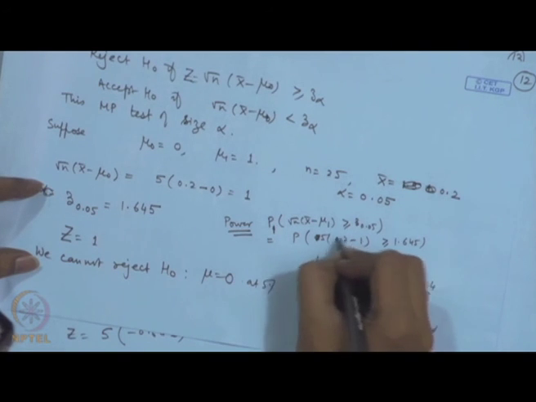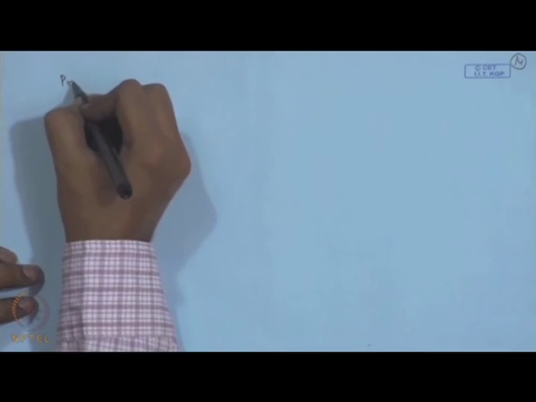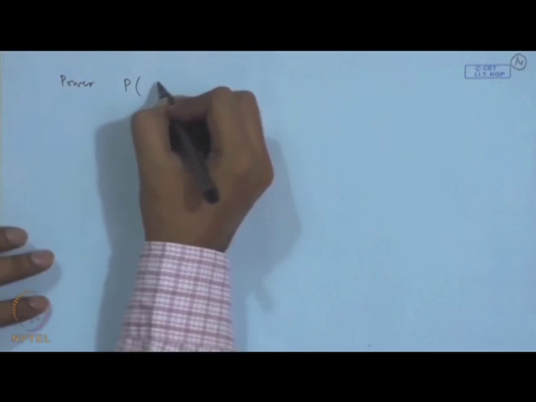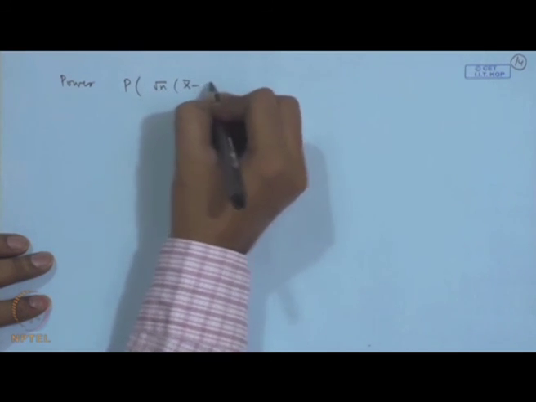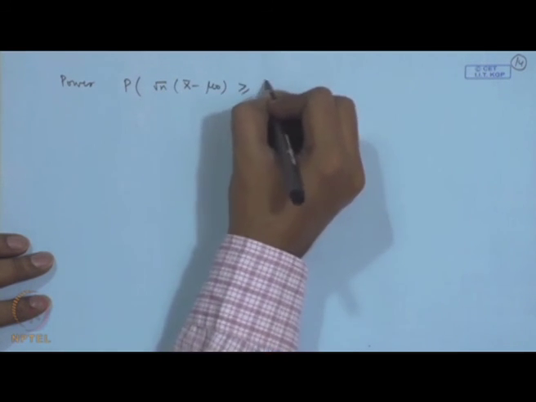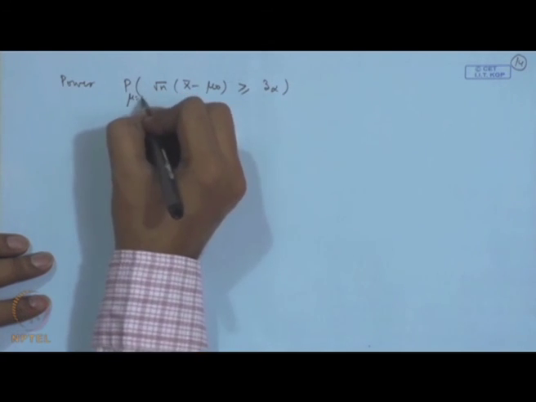Sorry, this is not the correct calculation. Let me do it again here. Probability of root n times x bar minus mu naught greater than or equal to z alpha under mu equal to mu 1.